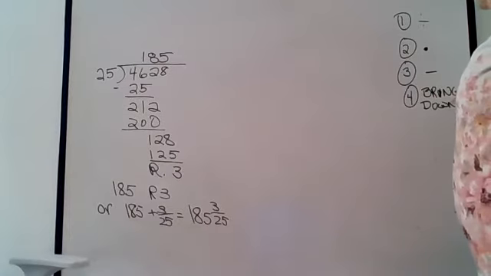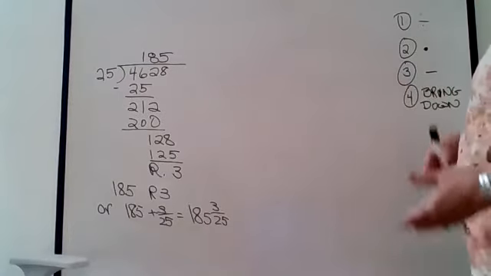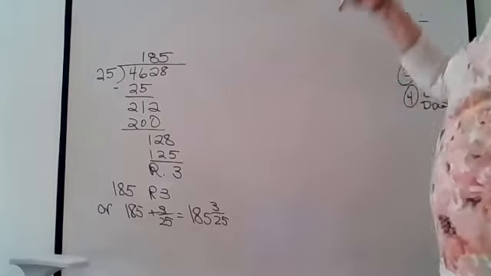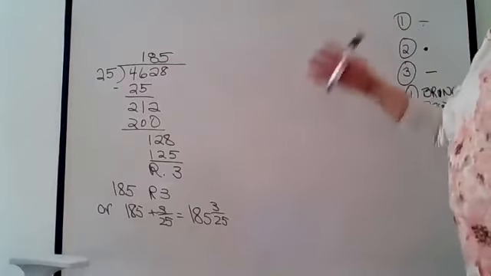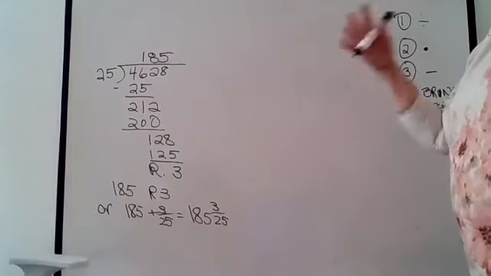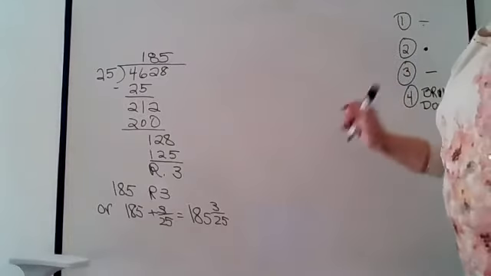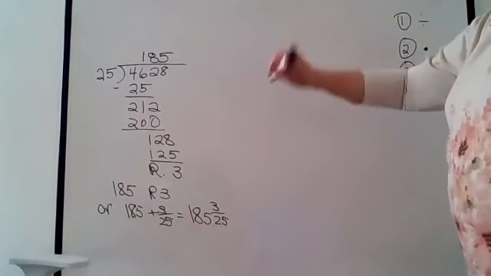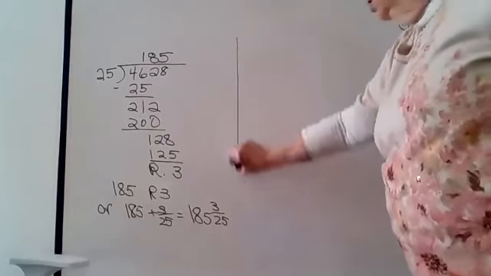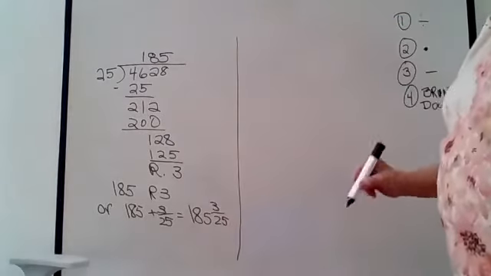And step 5 is repeat until you can't go any further. So it's divide, multiply, subtract, bring down. Divide, multiply, subtract, bring down. Okay, this was a reminder of long division with numbers.